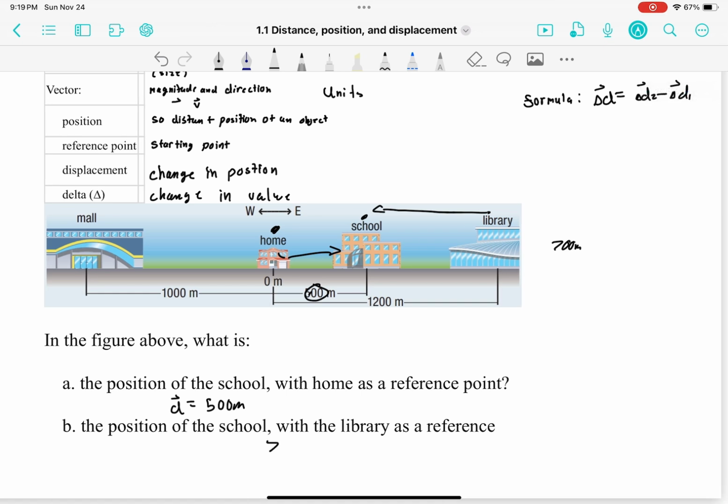So we can write 700 meters down here, but from the school to the library is going this way. So we know that this is going to be east. So 700 meters east, actually. And above here, it's actually going to be 500 meters east as well.